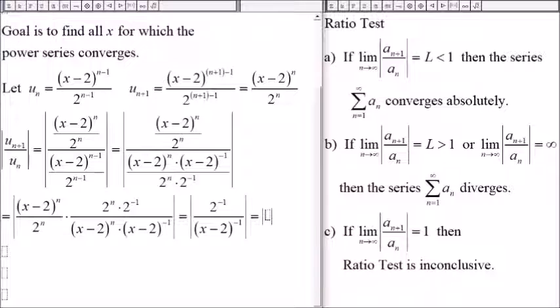Now this is a negative exponent, so we move it to the denominator, then the exponent becomes positive. And this is x minus 2 to the negative 1, so we move it to the top, then it becomes positive. So now we have x minus 2 to the first, and on the bottom we get 2 to the first.